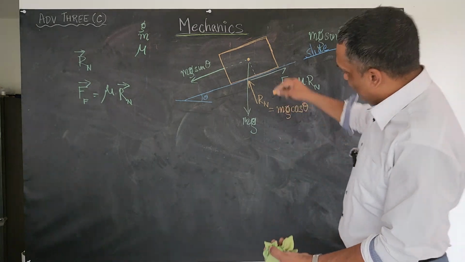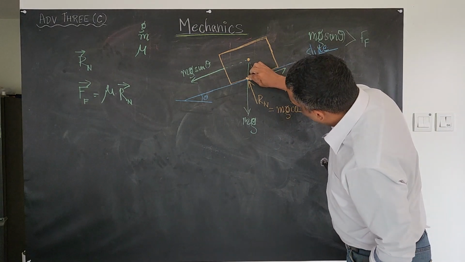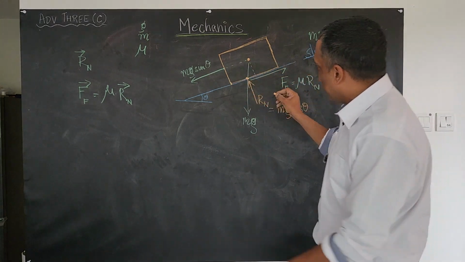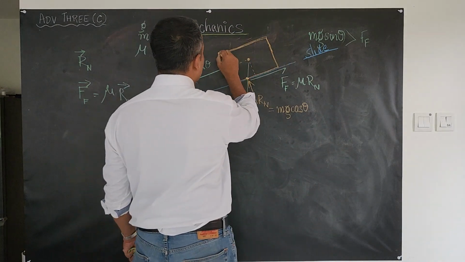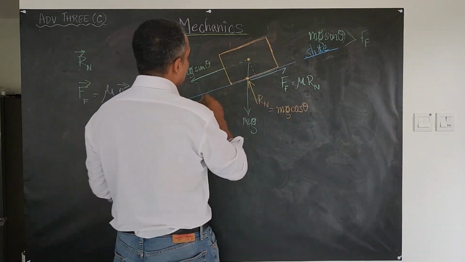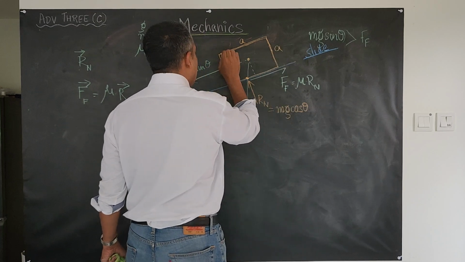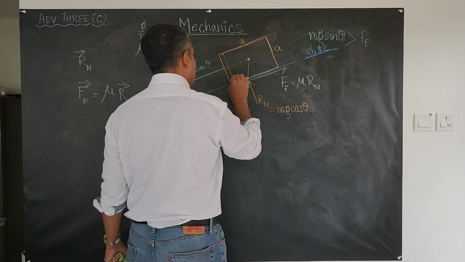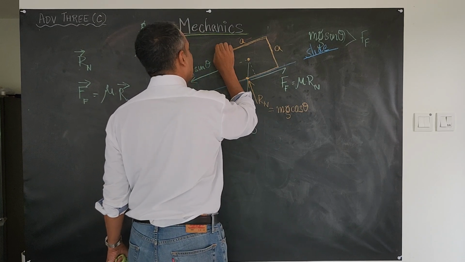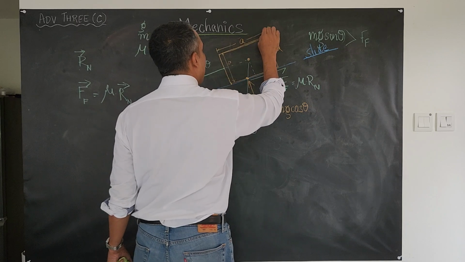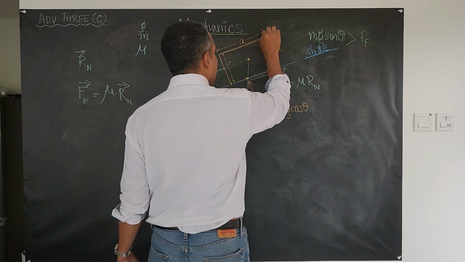As theta changes, remember, this is a box, right? Assume it's a square box of side A. Sorry if it looks like a rectangle.